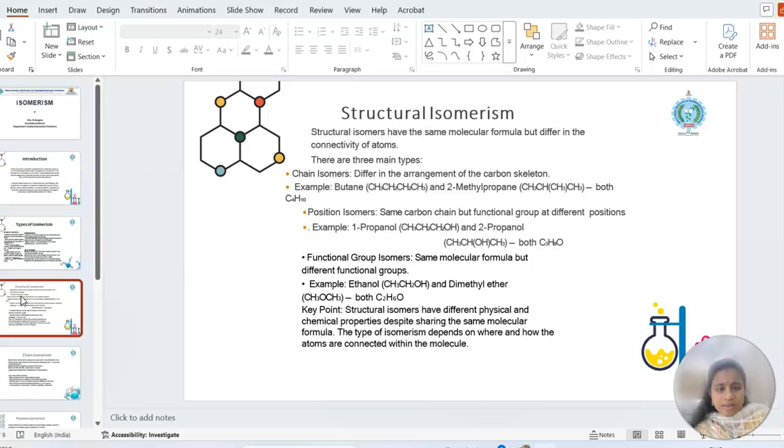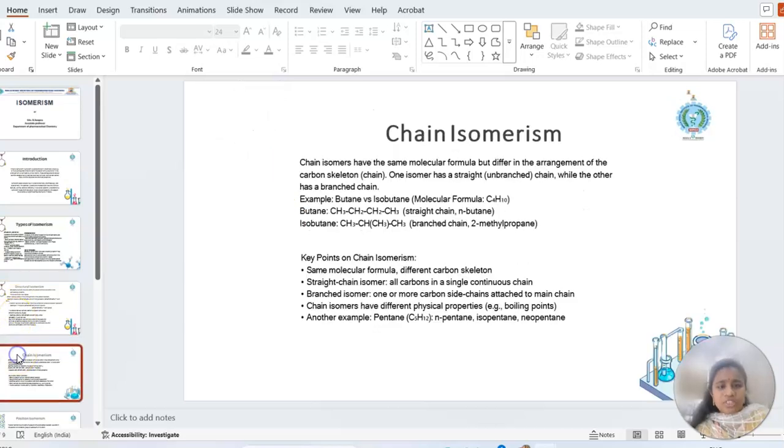Both have the same molecular formula, C4H10. Next are the positional isomers, with a difference in the position of atoms. Next, functional isomers, with a difference in the functional group. Coming back to chain isomerism, the key points are the same molecular formula and a different carbon skeleton, as in butane and isobutane.